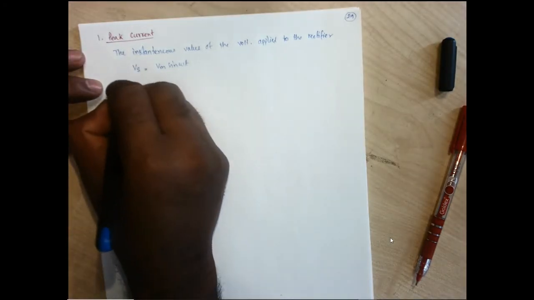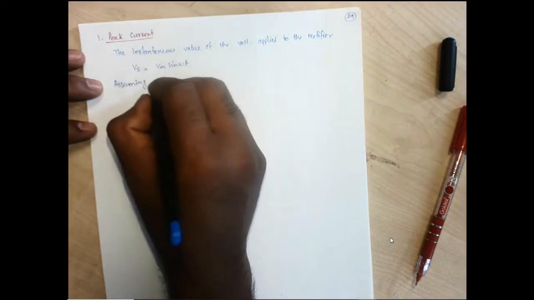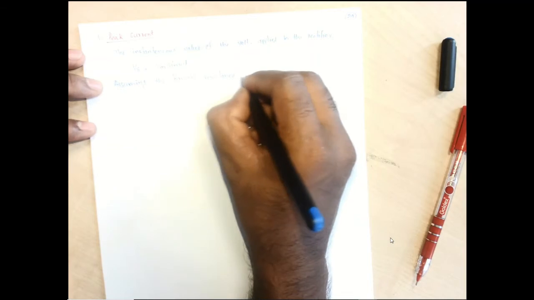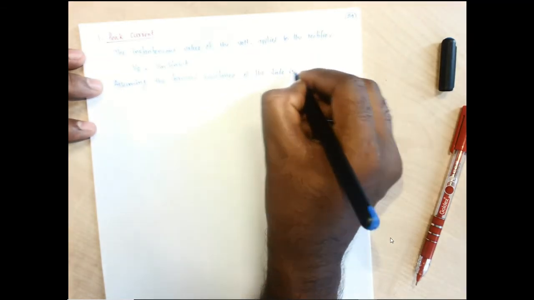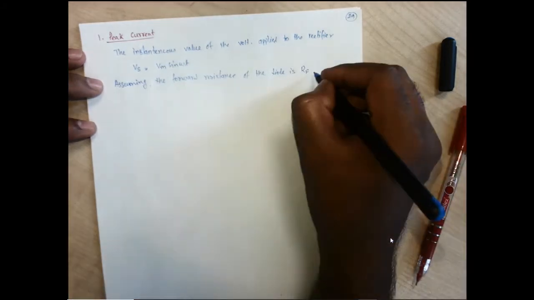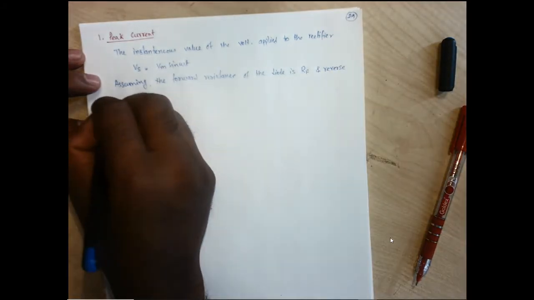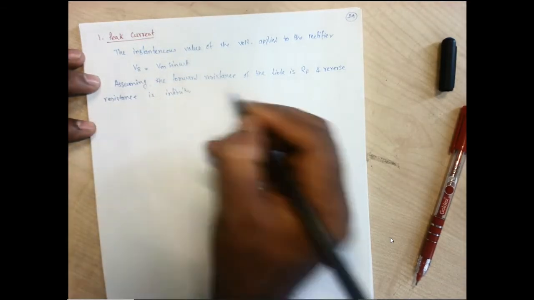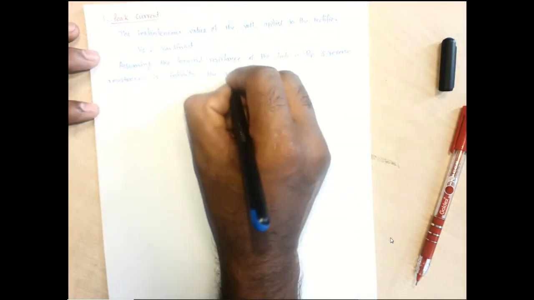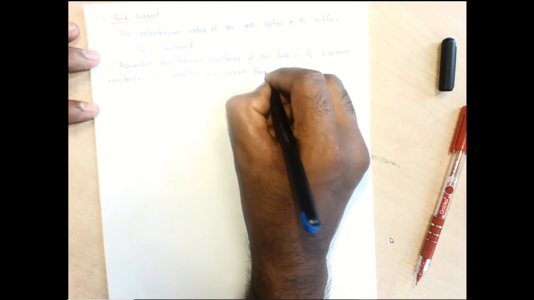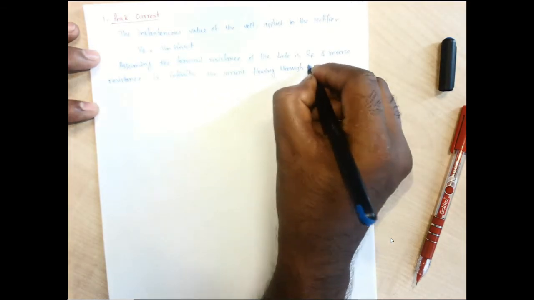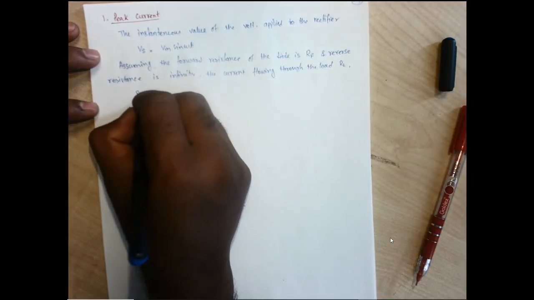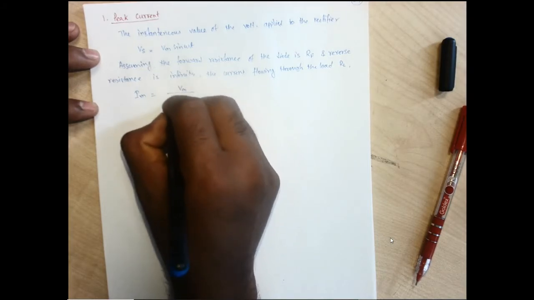Now assuming the forward resistance of the diode is Rf and reverse resistance is infinity, the current flowing through the load RL, the maximum value of the current, is Im equals Vm by Rf plus RL.